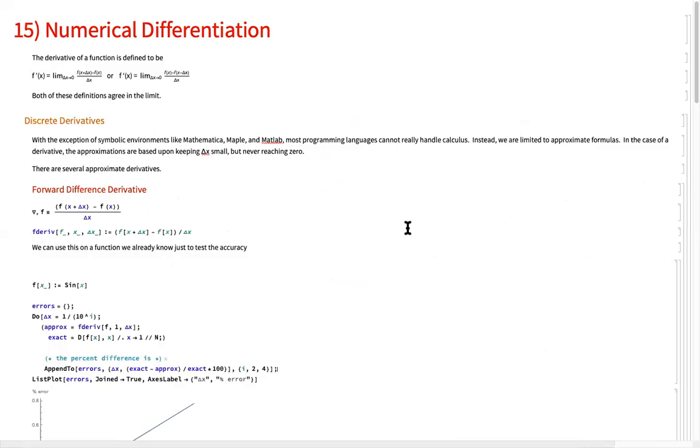Okay, so here we are back, and at the top of the file here, I remind you guys of both definitions of a derivative, and how they agree in the limit. And now, Mathematica, and there's a similar kind of program called Maple, and there's also MATLAB, and then there are some other free ones. They can all handle symbolic calculations.